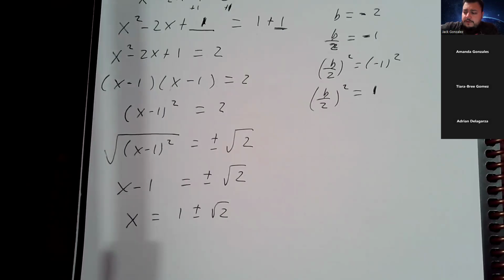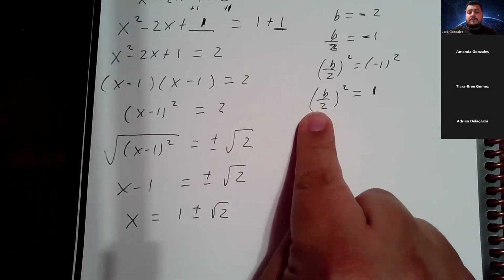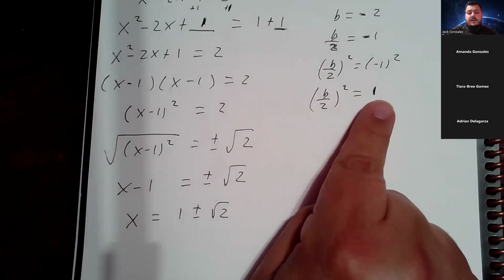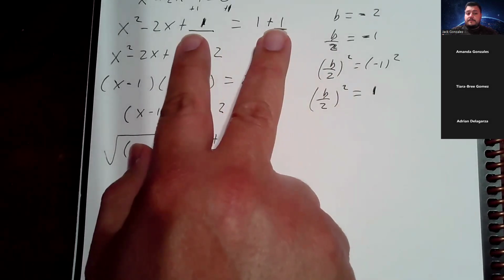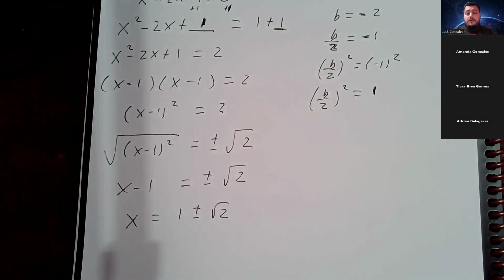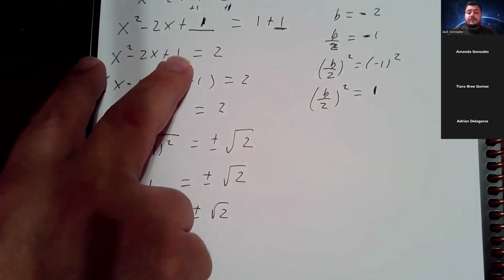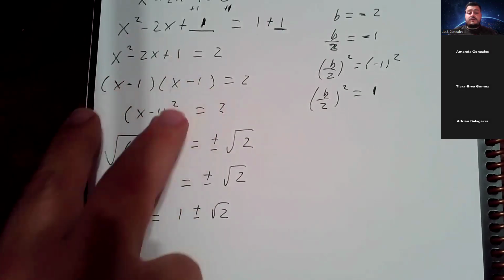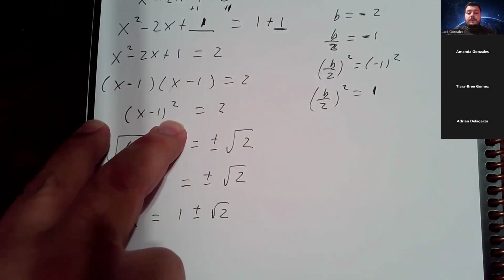Whenever you complete the square, in order to do it, we have to find the b over 2 term, square it, and add it to both sides, which we did here. Once that's done, the square is complete, which factored into a square. That was the goal.